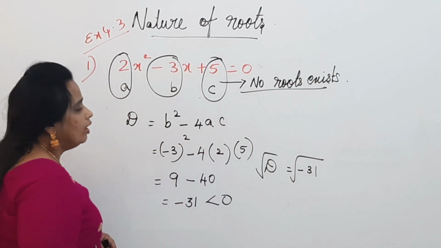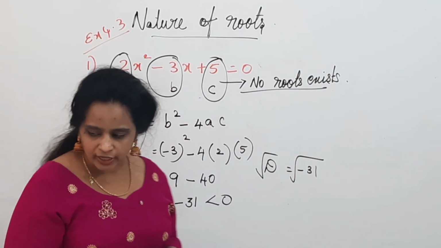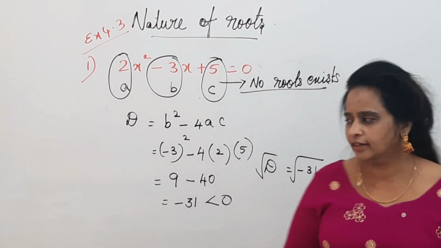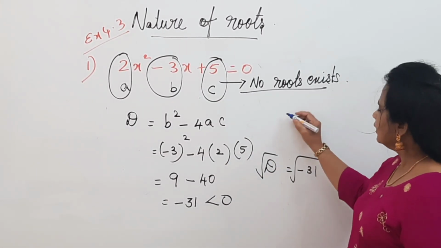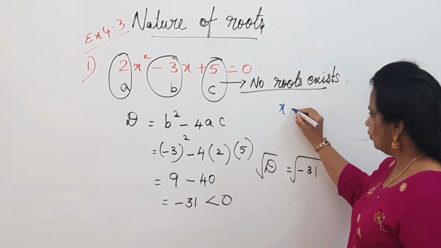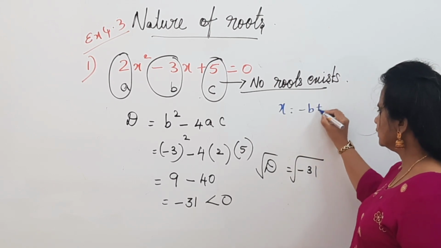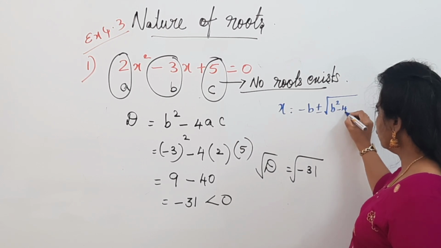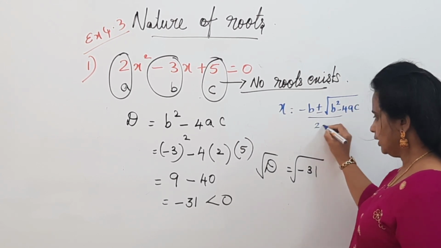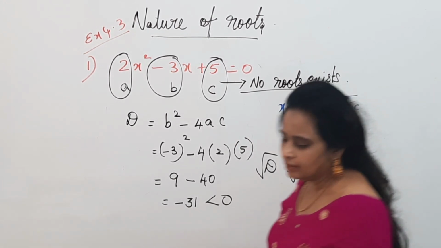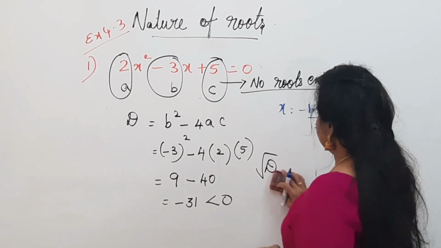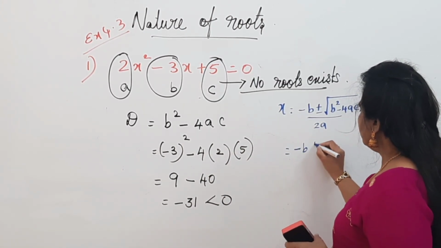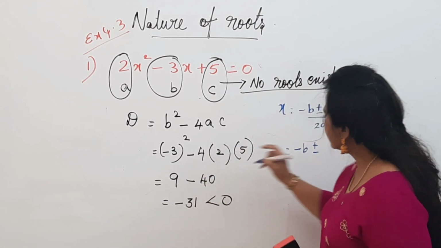Correct? Now, I want to give you some more explanation. I want to understand this a bit more clearly. How do you say that? x is equal to minus b plus or minus square root of b square minus 4ac by 2a. Correct? Now, I split this one, that is minus b plus or minus root D. What did I get?